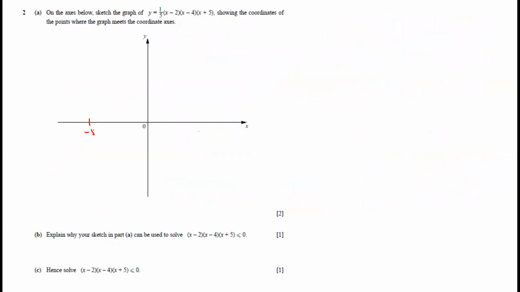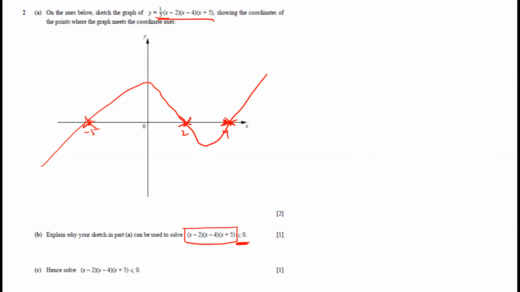So this is minus 5, this is 2, this is 4, and our graph will look like this. If you multiply this whole equation by 1/5, the height might go up or down, but the x-intercepts will not change. So we can still tell when the graph is above 0 and when it is below 0, because 1/5 doesn't make a difference to the x-intercepts.